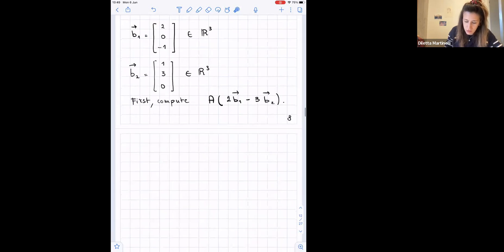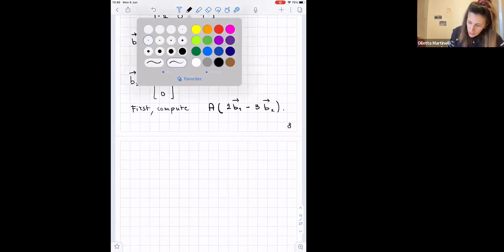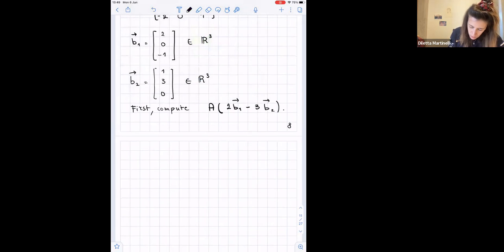So we have these 2 vectors here. And first we have to compute 2B1 minus 3B2. That's 4 minus 3, so it's 1, and then minus 9, minus 2.